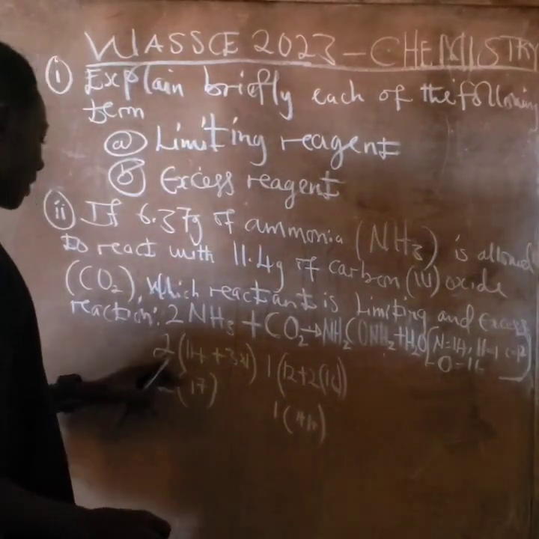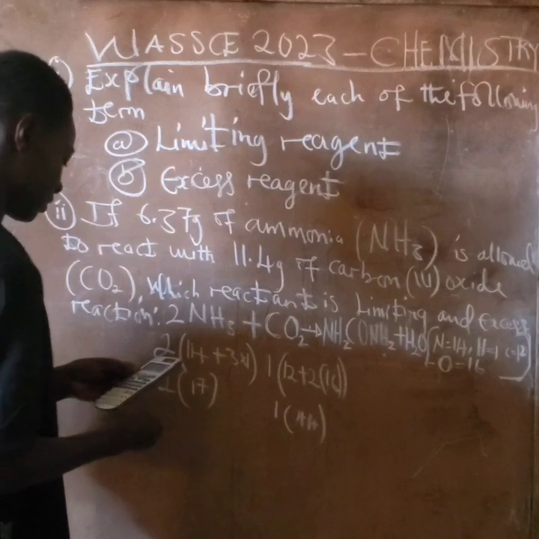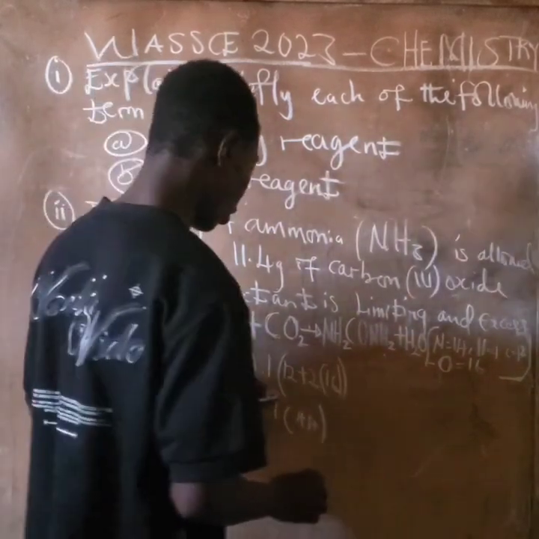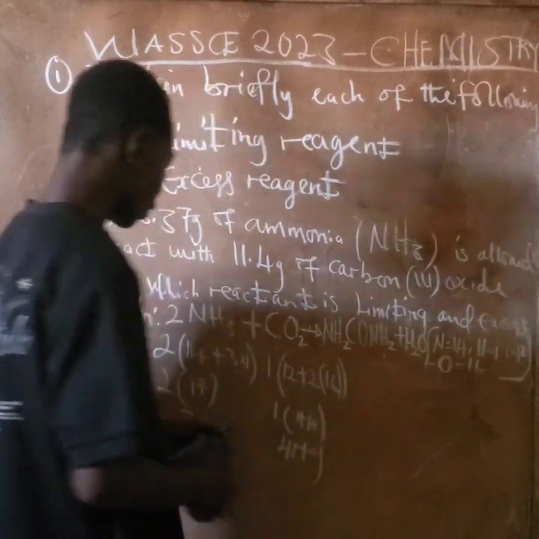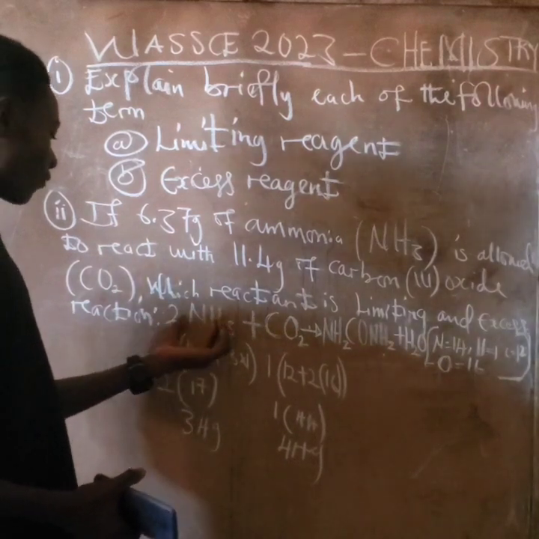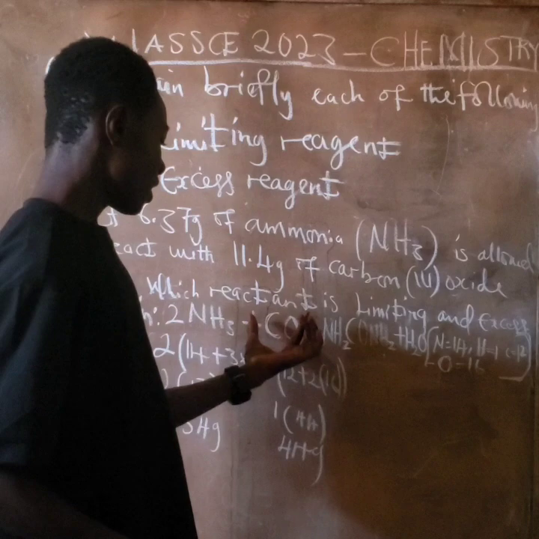Now, 2 multiplied by 17 is 34 grams. Now 1 multiplied by 44 is 44 grams. So this 34 grams is the reacting mass of ammonia, while this 44 grams is the reacting mass of carbon dioxide.